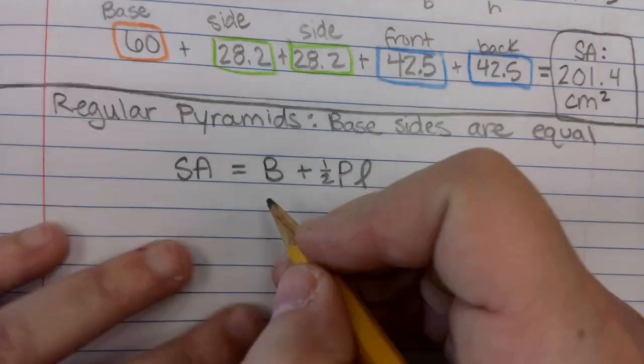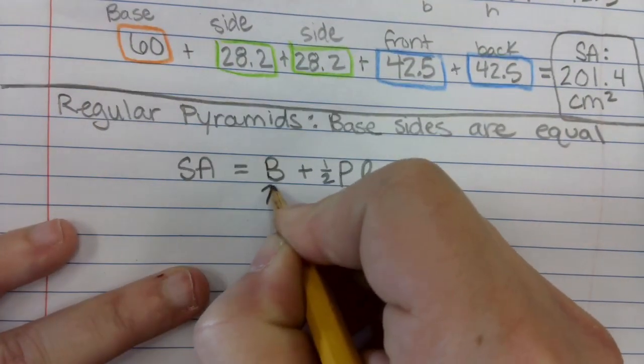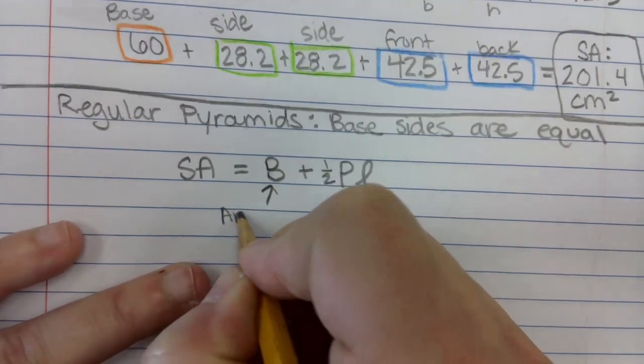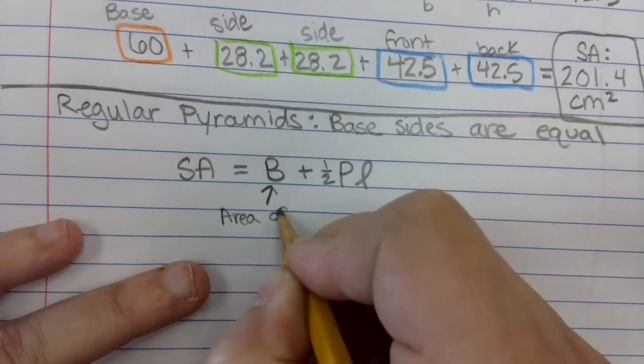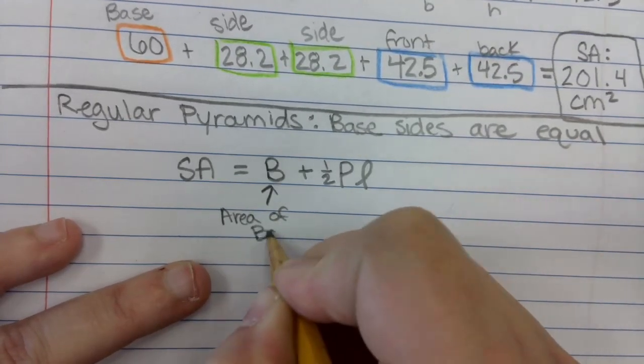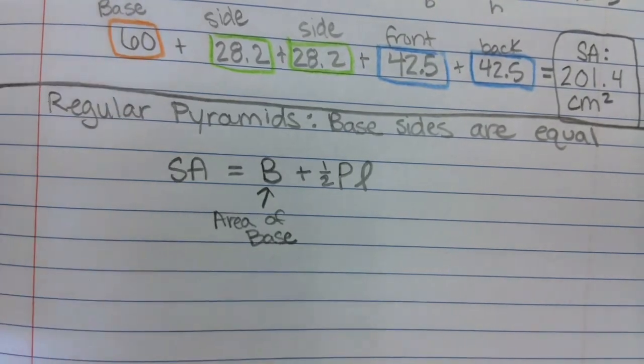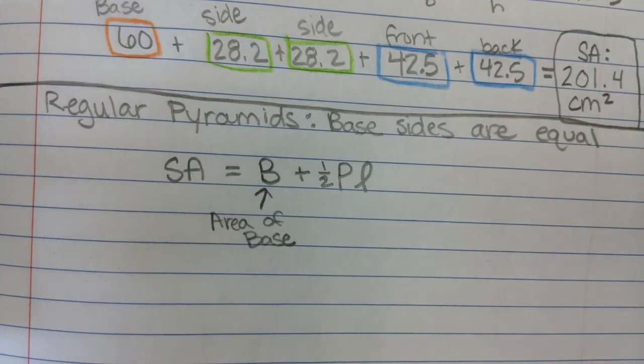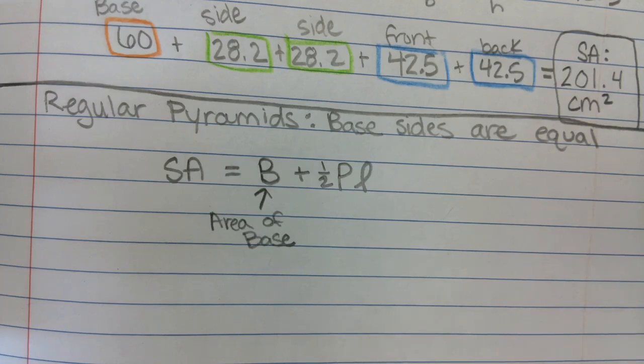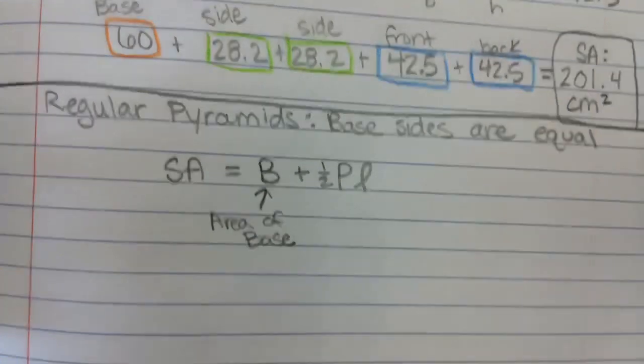Okay, so if we label that, capital B stands for our area of the base, and that's going to change based on what shape we're using. If we're using a square, it'd be length times width. If it's a triangle, we do 1/2 base times height. If it's a trapezoid, we do 1/2 of the height times base 1 plus base 2. If it's a hexagon, we do 1/2 apothem times perimeter, things like that.